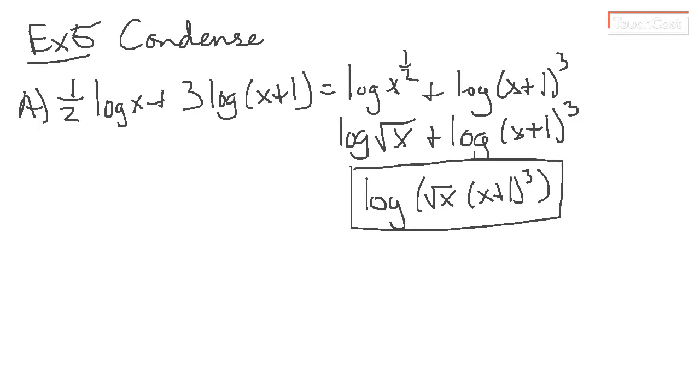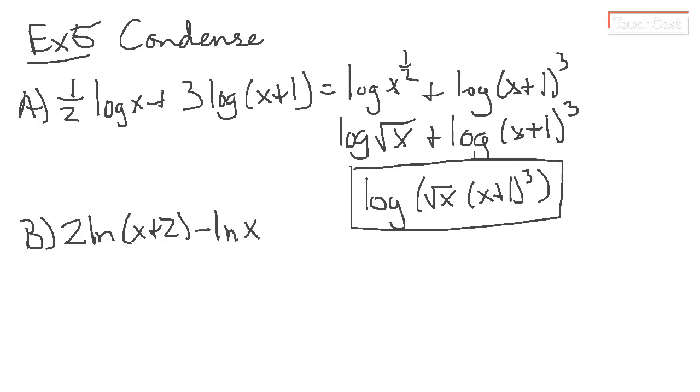Let's look at a couple more examples. We're going to do a 5b and a 5c, just to really get the hang of it. We're going to look at 2 natural log of x plus 2 minus the natural log of x.